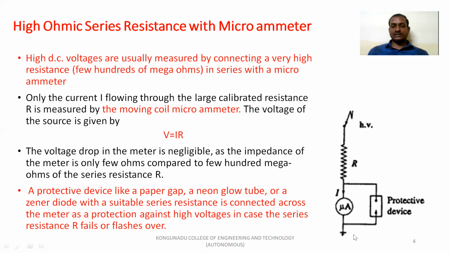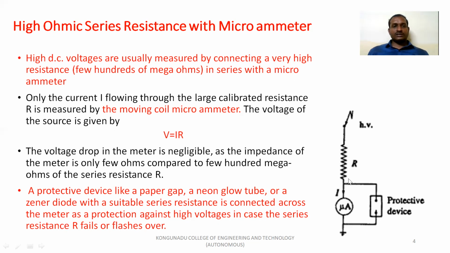Here protecting devices, like a paper gap or neon glow tube or a Zener diode with a suitable series resistance, are connected across the meter. This protecting device is connected across the gap in case of any failure in the series connected resistors or flashover occurring in the system.